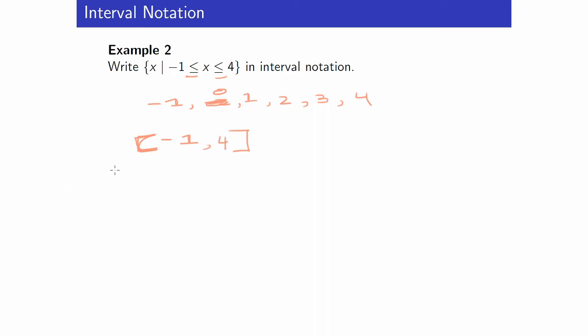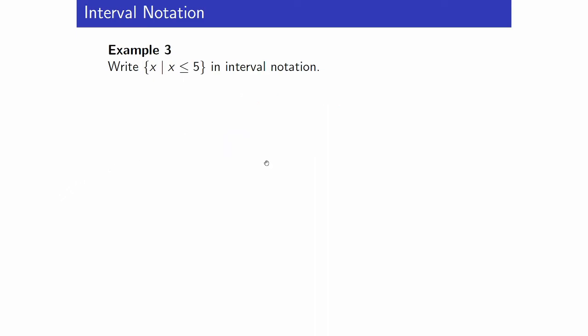Let's do another one. x such that x is less than or equal to 5. So this only has one bound, a right bound. So let's start with the right-hand side bound. This is saying that 5 is inclusive on the right-hand side. So what happens to the left-hand side when it's always less than? That means it goes all the way down to negative infinity, right?